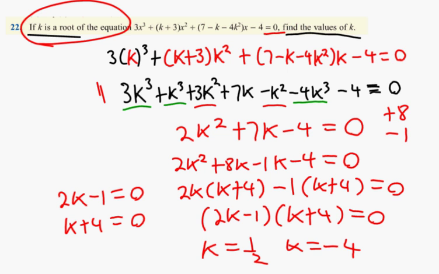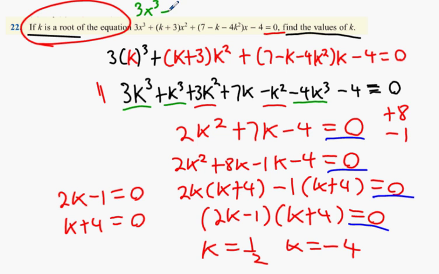So, to reiterate what you're saying, if I replace k with minus 4 everywhere, it becomes 3x cubed, and then minus 4 plus 3, minus 1 x squared, 7 minus minus 4 is 7 plus 4, which is 11, 11 minus 56.